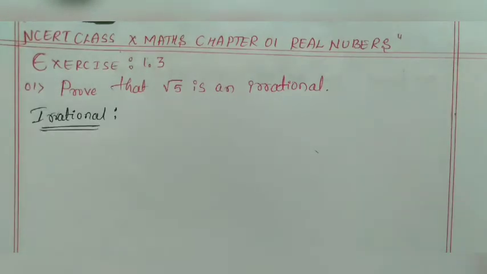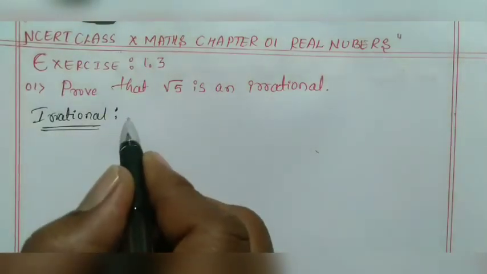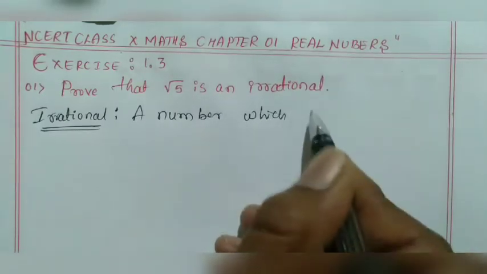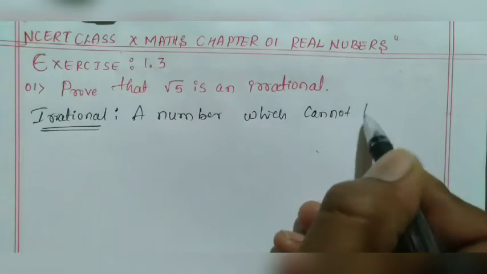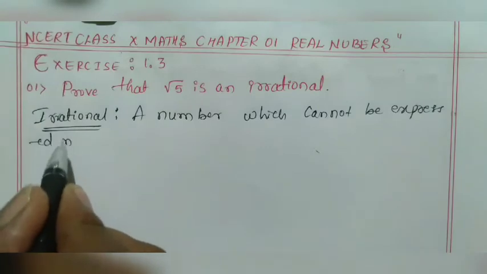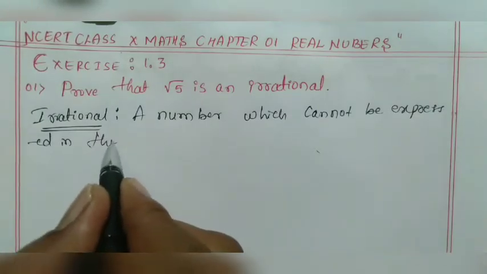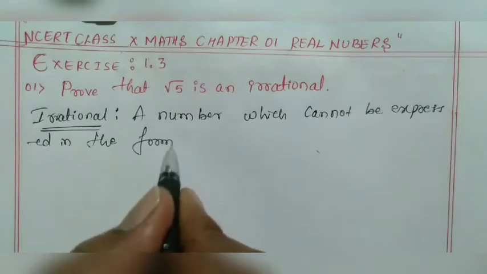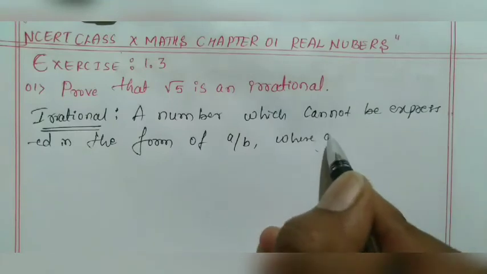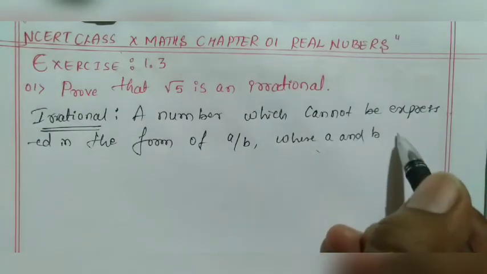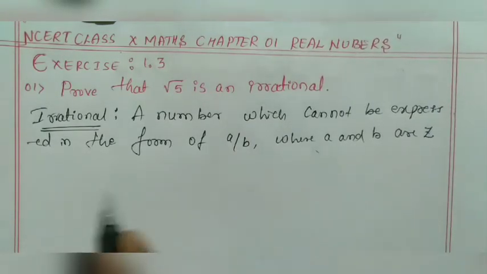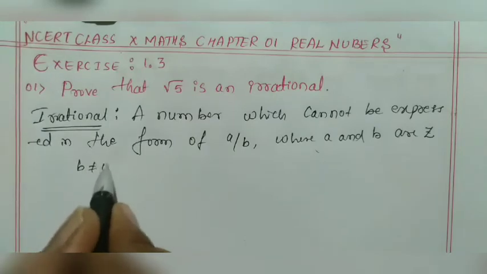So an irrational number means a number which cannot be expressed in the form of a by b, where a and b are integers, and b is not equal to 0.